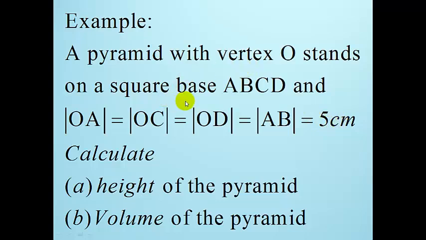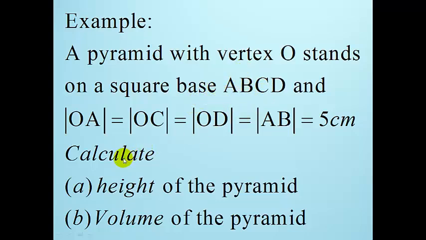Now let's look at something here before we go to the solution. The base is a square, so we have square base ABCD. Now AB has been given to be 5 centimeters. That means that the distance from B to C is 5. The distance from C to D is also 5 when we form the square base.